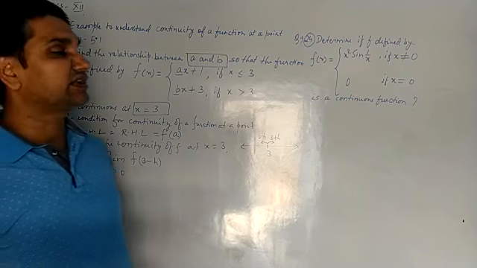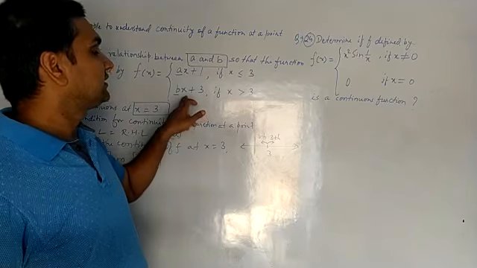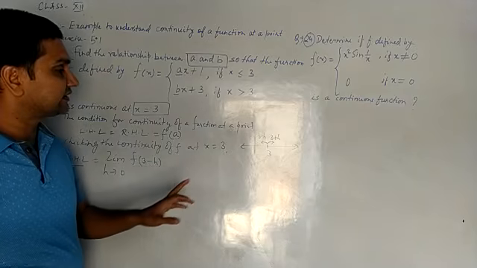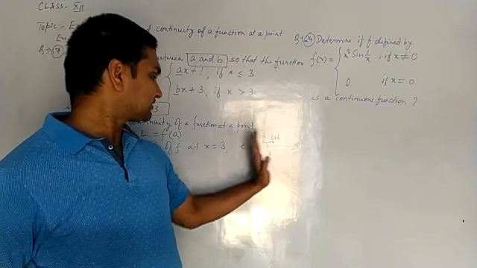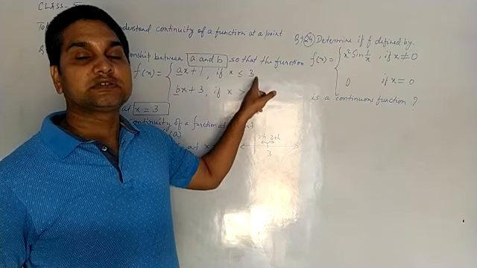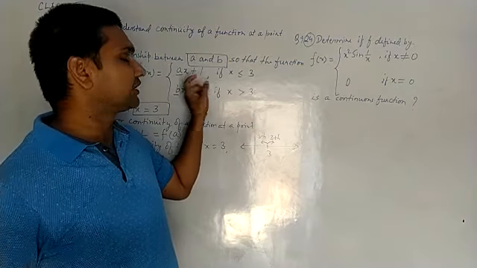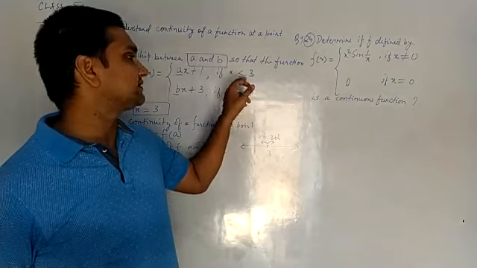Now f(3 minus h) suggests which value should be taken, either this or that. According to 3 minus h, because we are coming just before 3, which condition is satisfied? For values just smaller than 3, we follow this one. Why? Because the case is given that way.